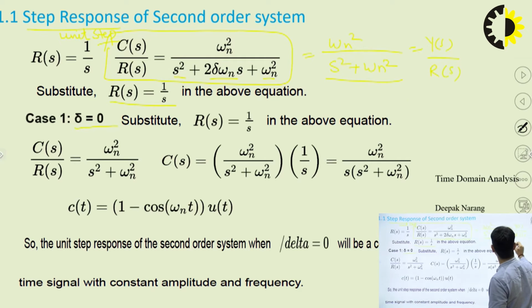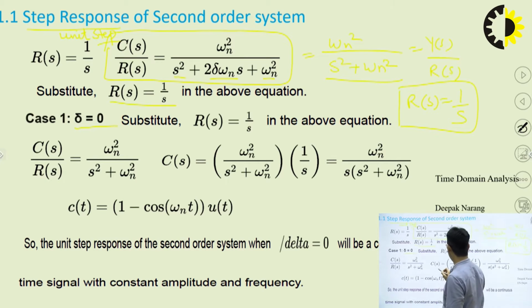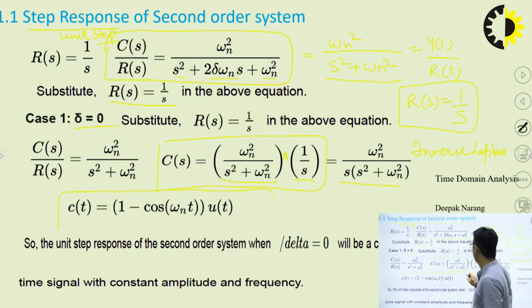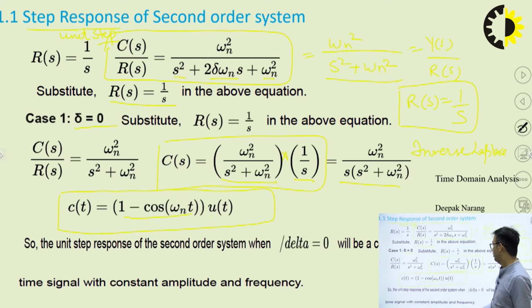R(s), and as we know, R(s) for this particular problem is equal to 1 by s, and we get C(s) equal to omega n square upon s square plus omega n square into 1 by s. After taking partial fractions and taking the inverse Laplace, we get the time response as 1 minus cos omega n t into u(t).